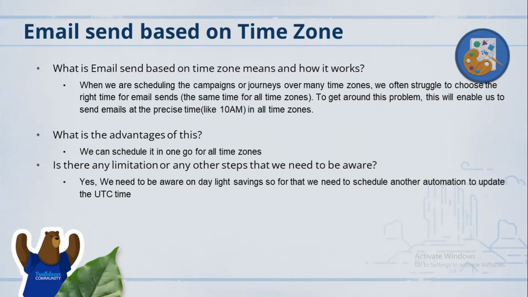Basically, that automation runs twice a year: one incrementing by 1 hour, and another decrementing by 1 hour. Whenever the daylight changes, we know how many minutes or seconds varied from the existing one to the new one, so we need to apply that information.